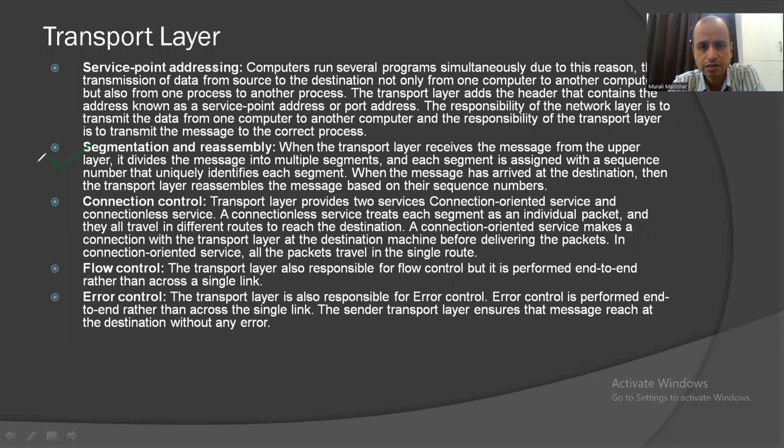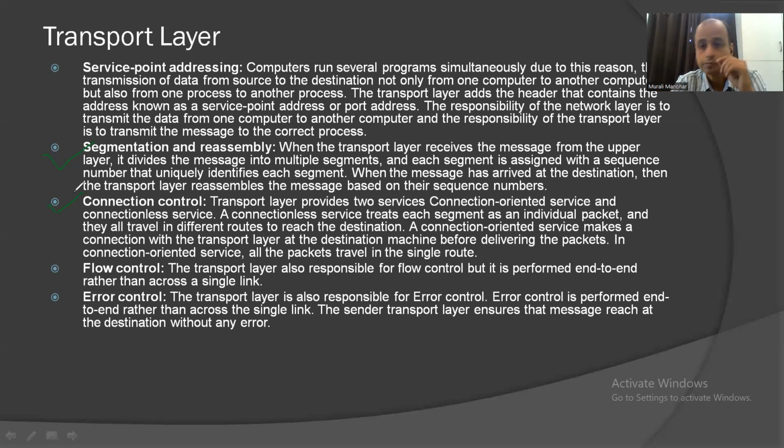Segmentation, I have already discussed, means dividing a message into multiple segments, multiple small blocks, small parts. And reassembling means after all this data is transferred from source to destination, at the destination end these segments should be assembled to form the original data. Now, fine. The third important point of this layer is connection control.